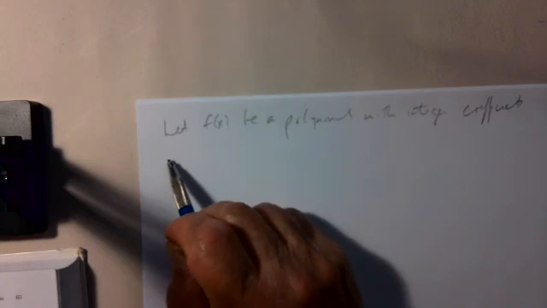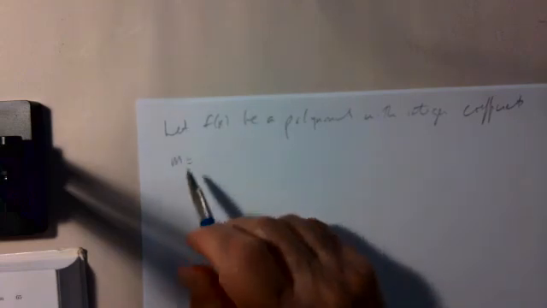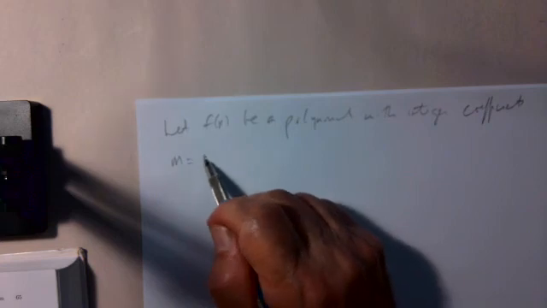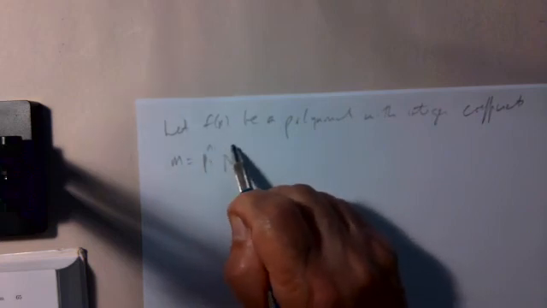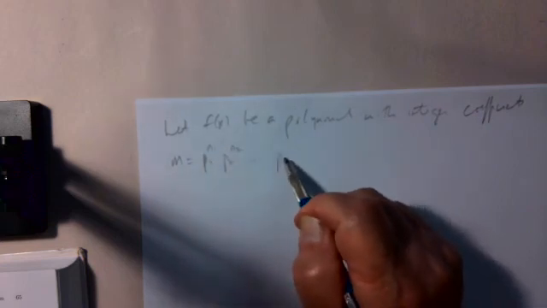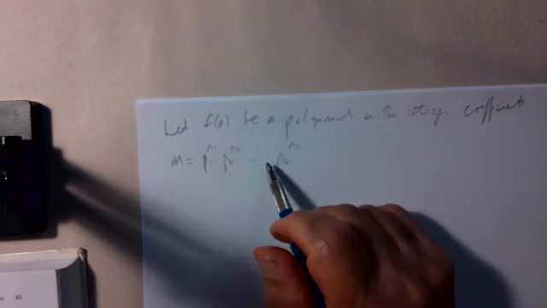And suppose we have m, a modulus, and I can write it as a product of prime powers, p1 to the r1, p2 to the r2, up to pk to the rk.